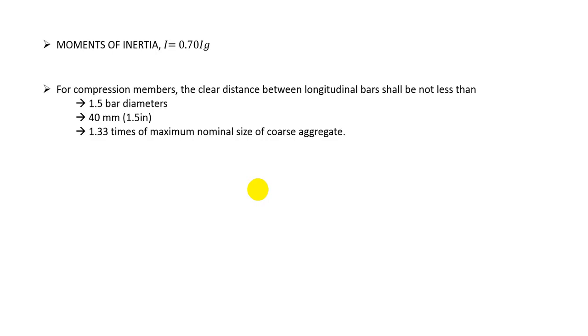Then for compression members, the clear distance between longitudinal bars shall not be less than 1.5 bar diameters, I mean 1.5 times the used diameter, or 40 millimeter, 1.5 inch, or 1.33 times the maximum nominal size of coarse aggregate.